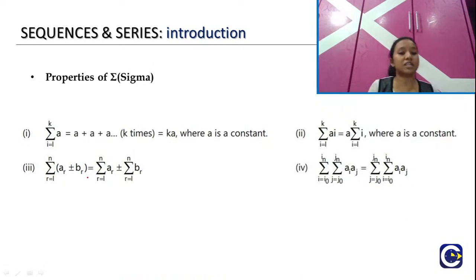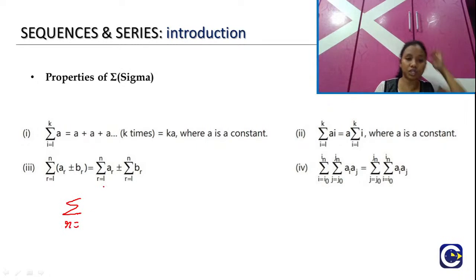So let's discuss the next property here. When in the sigma we are having plus or minus in between, this can be separated again. That means sigma r equal to 1 to n of (a r plus or minus b r). With this plus or minus, we can separate it into two different terms.